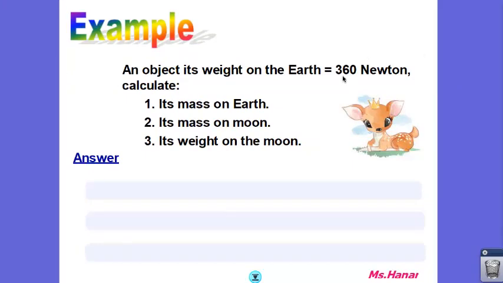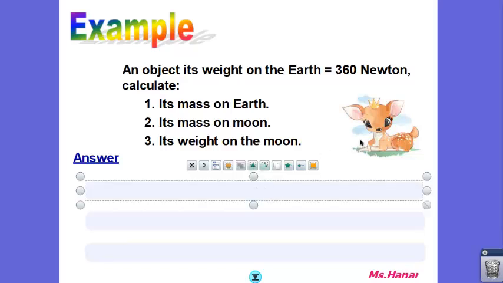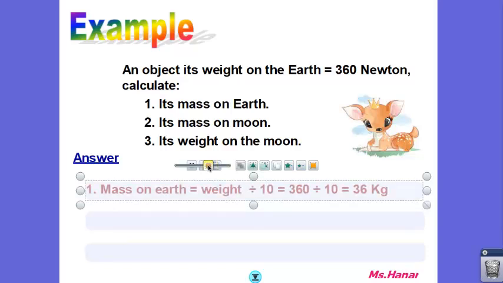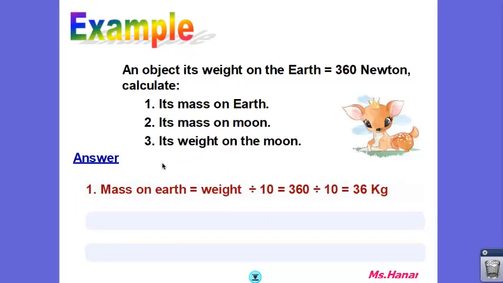Another example, an object's weight on Earth's surface equals 360 Newton. Calculate number 1, its mass on Earth. Number 2, its mass on moon. Number 3, its weight on the moon. Think with me. The answer is number 1, mass on Earth equals weight divided by 10 equals 360 divided by 10 equals 36 kilograms.